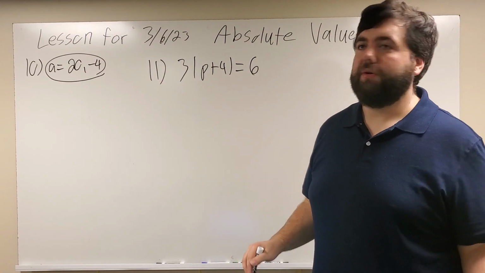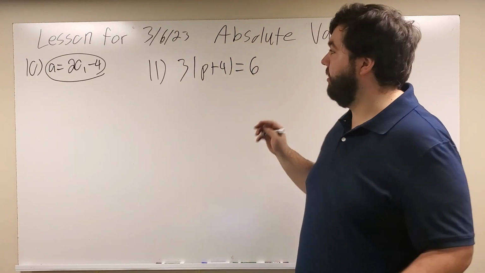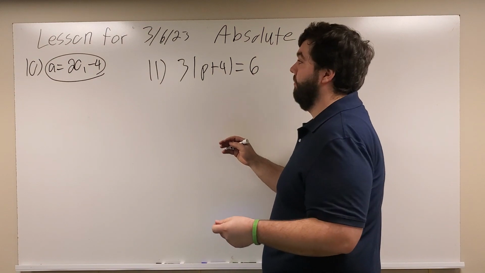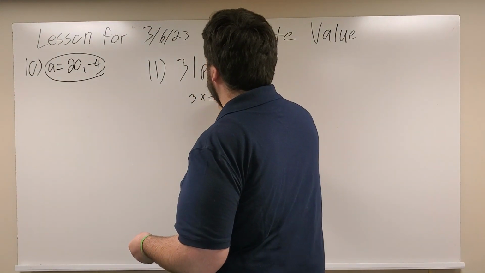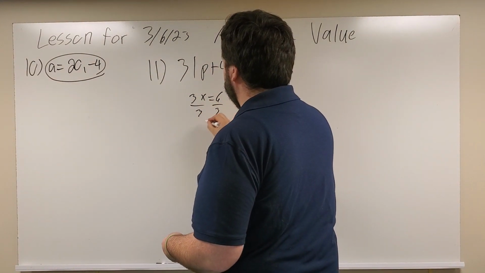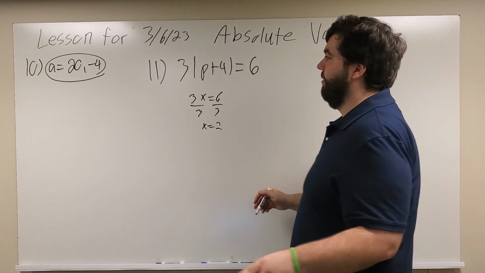Do not distribute. We're isolating that absolute value. Think of the absolute value like a term, like a variable, right? So imagine it's like 3x equals 6. How would you solve this? You would divide both sides by 3 and get x equals 2. We're doing the exact same thing.